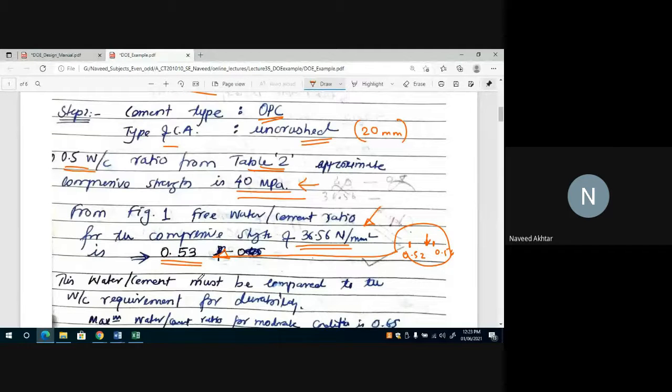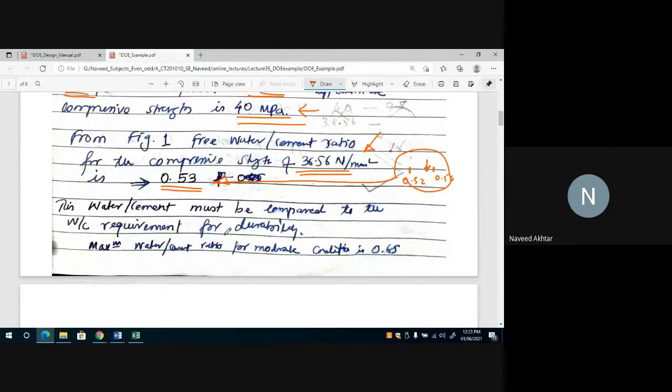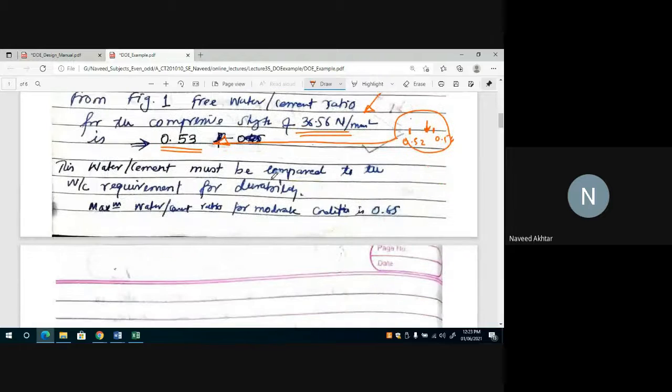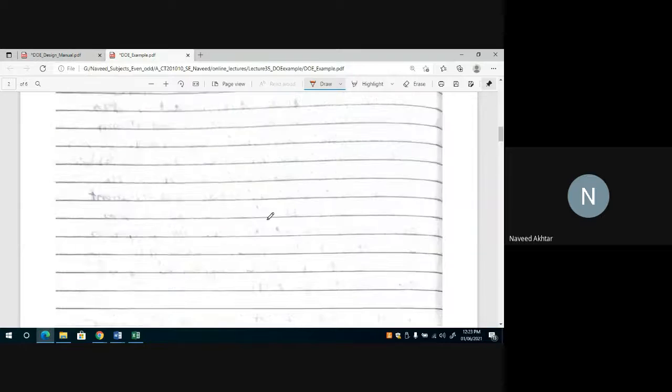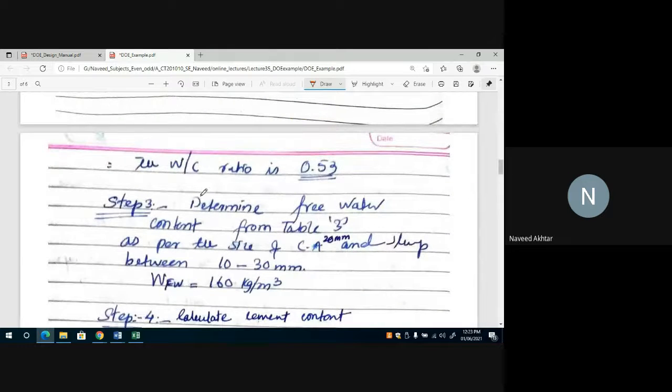Okay. Now you can see the water to cement ratio must be compared to the water to cement ratio requirement for the durability. So maximum water to cement ratio for moderate condition is 0.65. So the water to cement ratio is less than 0.65. So we'll go for our water to cement ratio of 0.5.